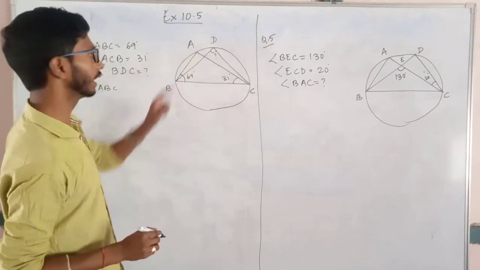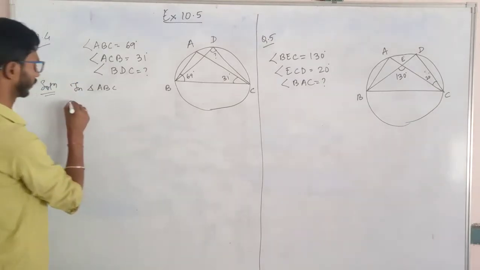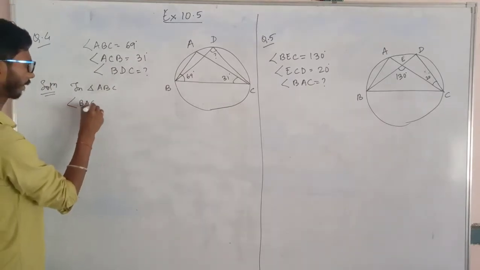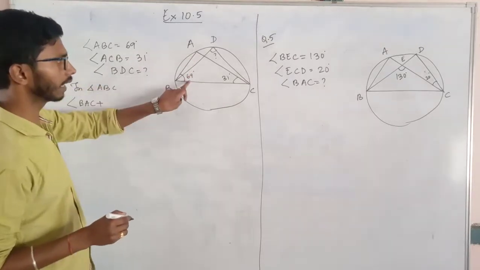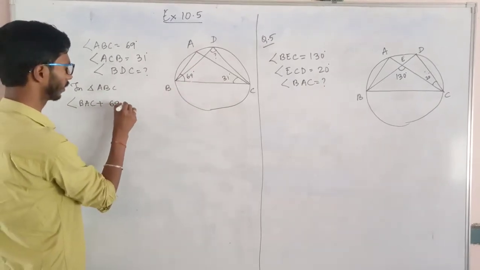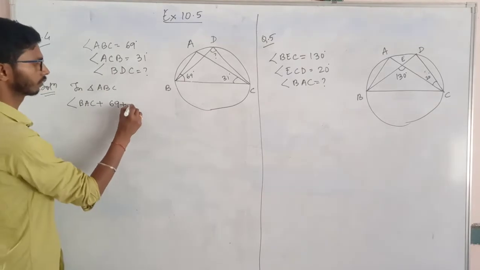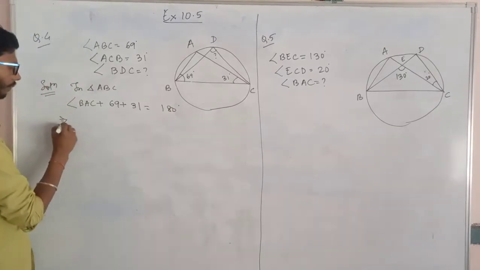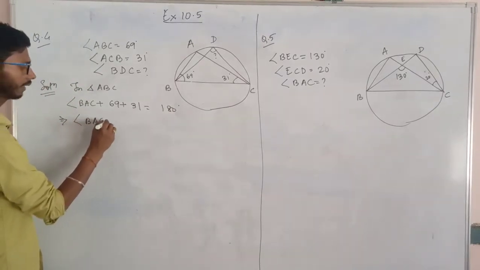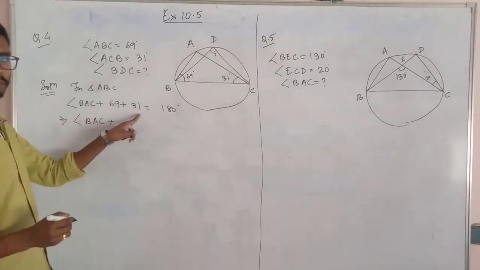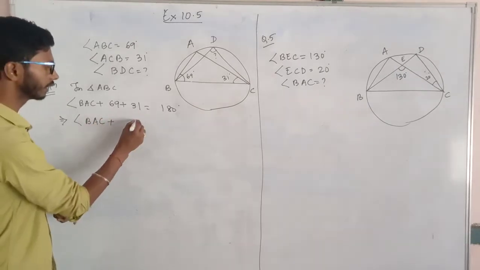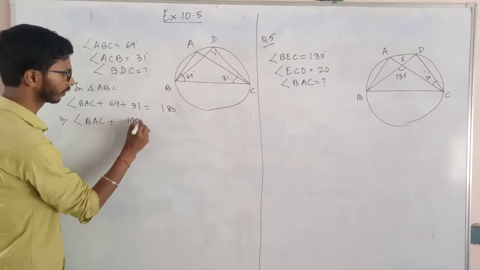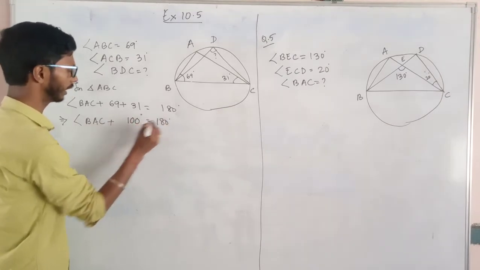Let us find angle A. Angle BAC plus 69 plus 31, since the sum of these three angles is 180 degrees. 6 plus 3 is 9, plus 1 is 10, so this is equal to 180.